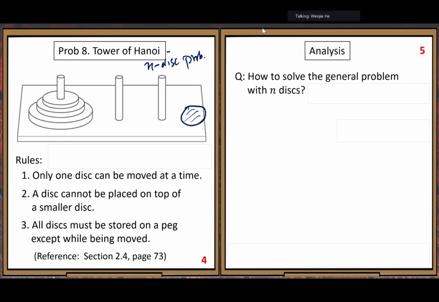Here we use our typical problem-solving thinking. When we solve a relatively hard problem, here we consider the n-disk problem. It's pretty hard, right? So what is our commonly used strategy in this situation?